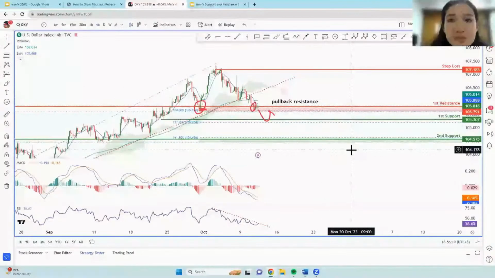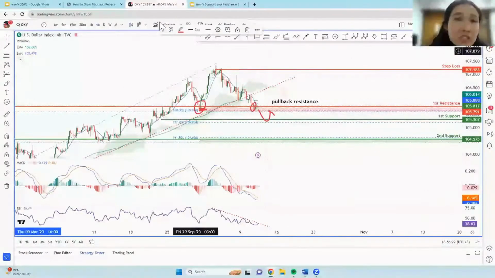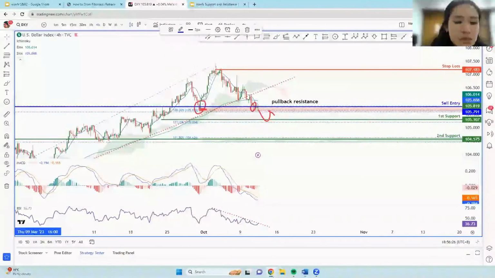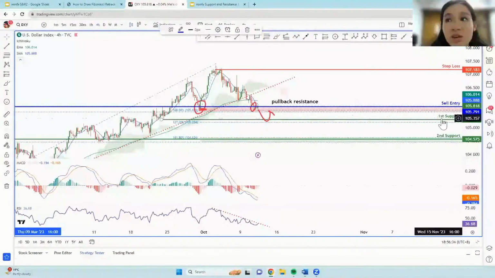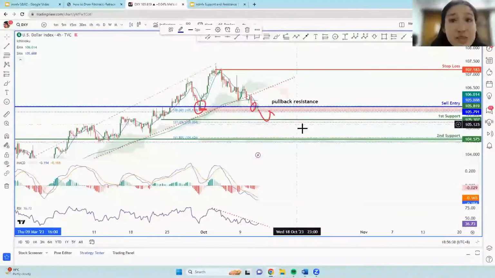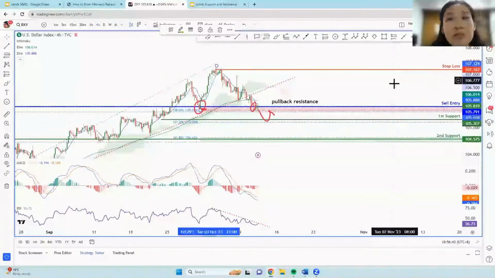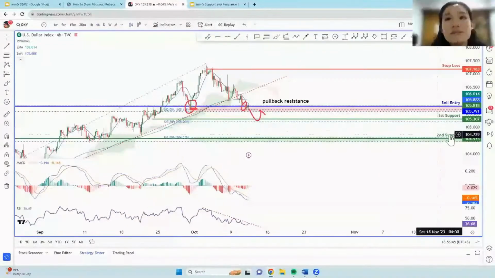The first resistance, sorry, will be our sell entry. Then our first support would be our take profit. Once price breaks that, we can go in for another sell towards our second support.